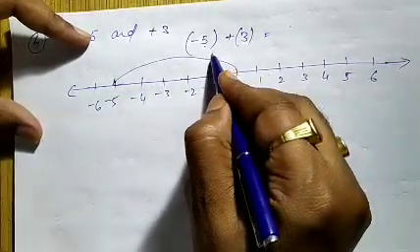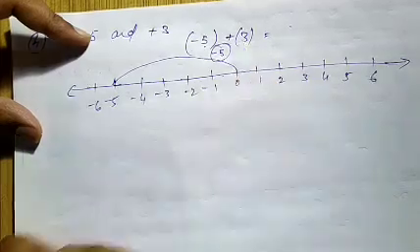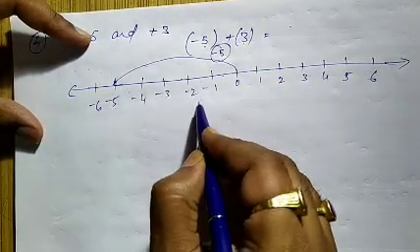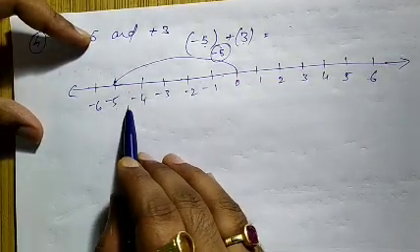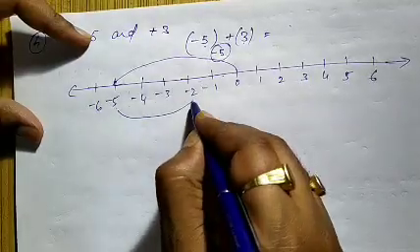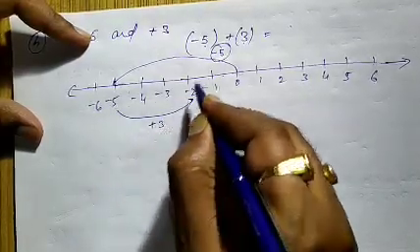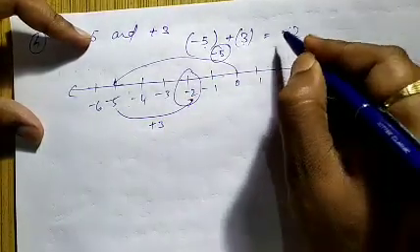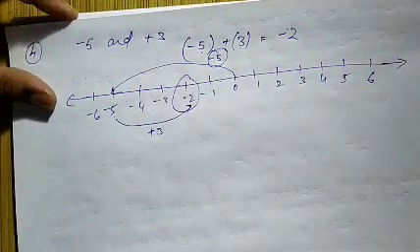This is the move of -5. And +3 from here is to the right side of -5. 1, 2, 3. This is +3. So what is the answer? -2.